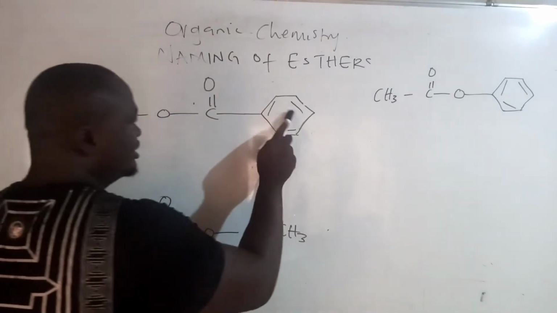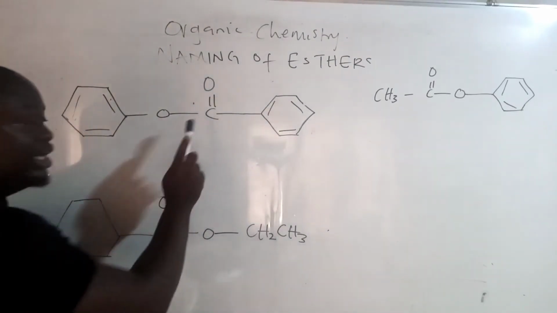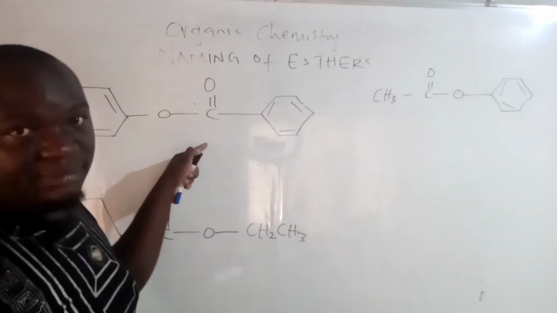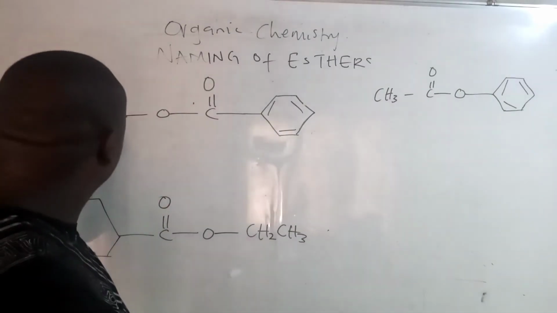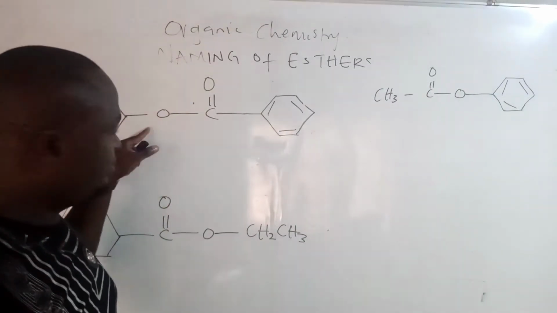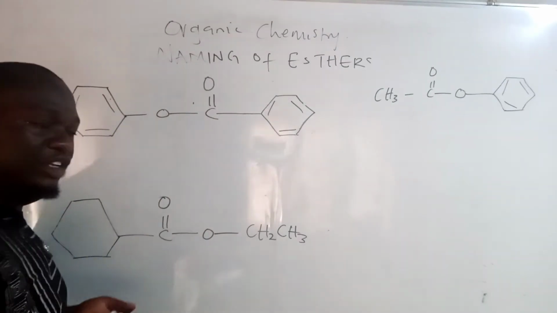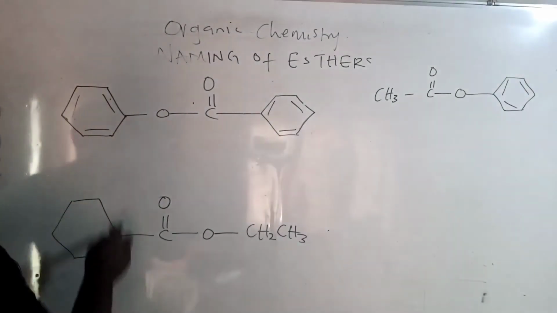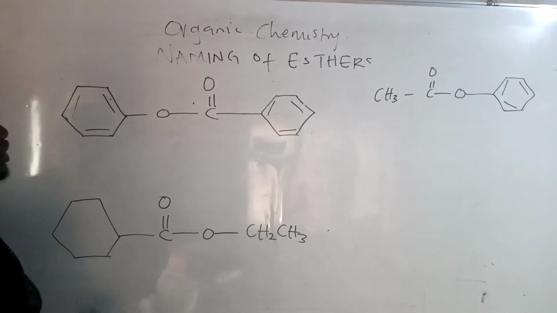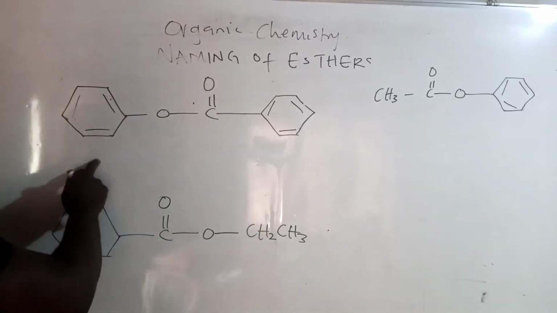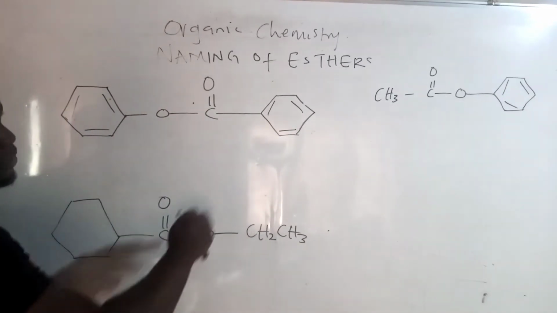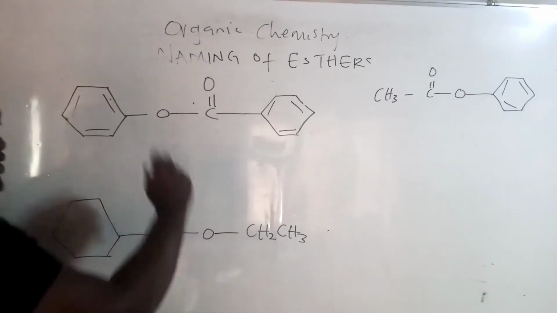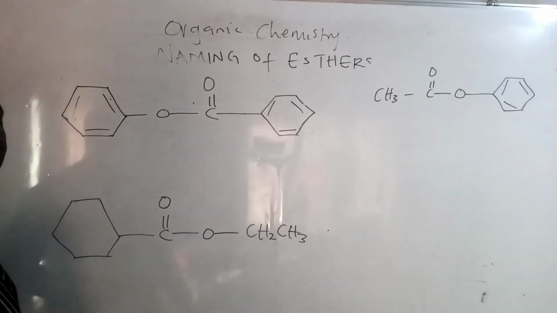Now look at this benzene. It's directly attached to a carbon. So this is benzene, right? Now this is phenyl. Another way for you to differentiate it is that the phenyl has 6 carbons. If you count this, this is 6 carbons. But the benzene has 7 carbons. So this is 6 carbons plus this is 7. Another way to differentiate it.